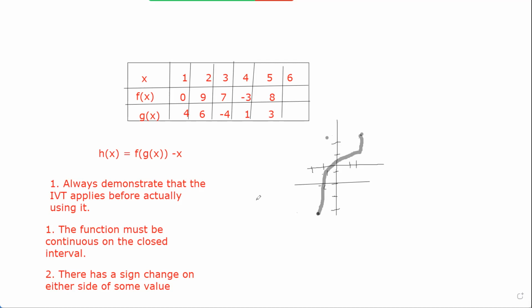But by the intermediate value theorem, I can tell you there has to be one. There has to be a value, right? Because if there weren't, it wouldn't be a continuous function. Now this graph, you don't have to draw. This is just kind of a visual, but we know it's continuous. We saw the sign change in the composition.